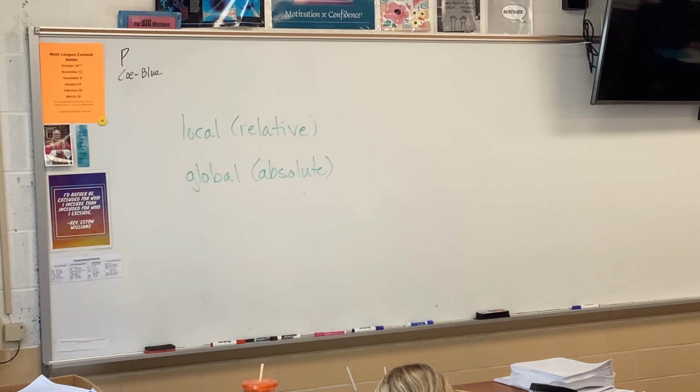Now notice the arrow on the right side of the picture. There aren't any maxes and mins there because that guy is going forever, right? Now, absolute or global means you are the absolute highest point on the picture or the lowest point on the picture, okay?